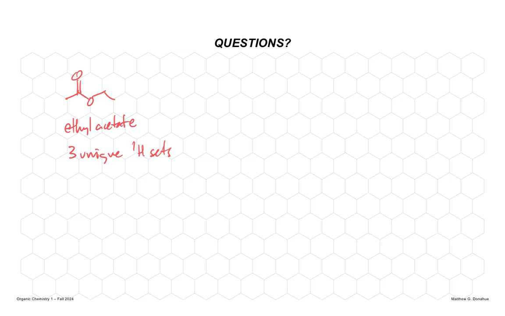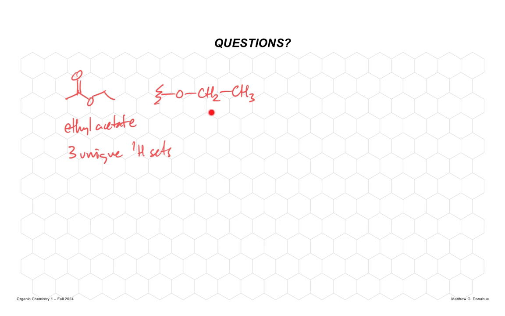So if we examine this OCH2CH3 as its own system, that's an ethyl group. And so what signatures, what multiplicity should this CH2 have?